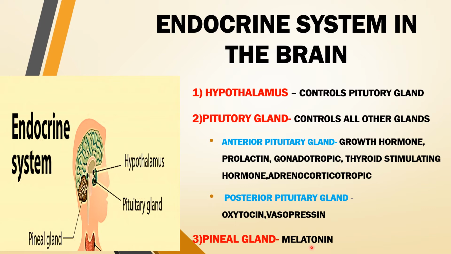It also plays a role in the regulation of female hormone levels, and it may affect fertility and menstrual cycle. So these three are the endocrine glands present in the brain: hypothalamus, pituitary gland and the pineal gland. And these are the functions and the hormones they are releasing.